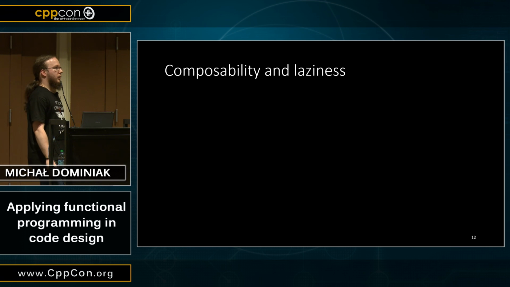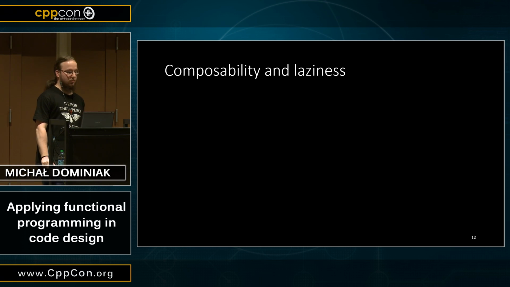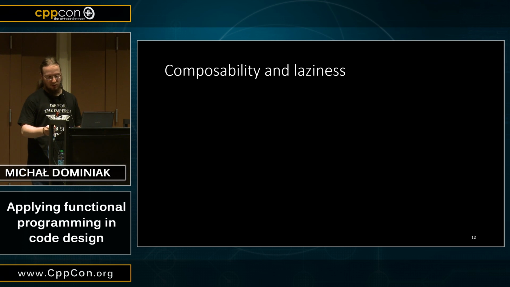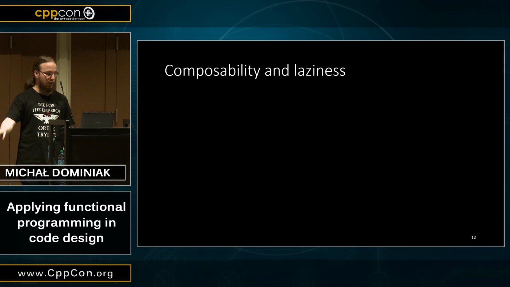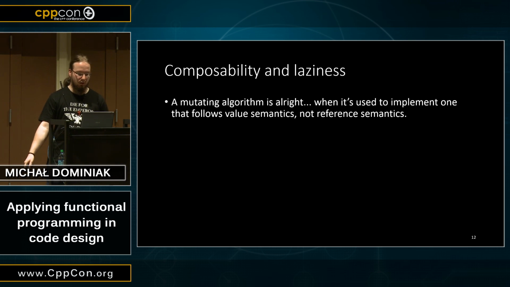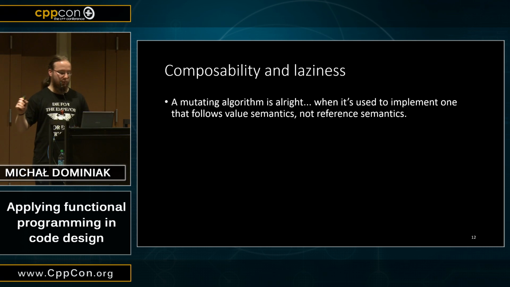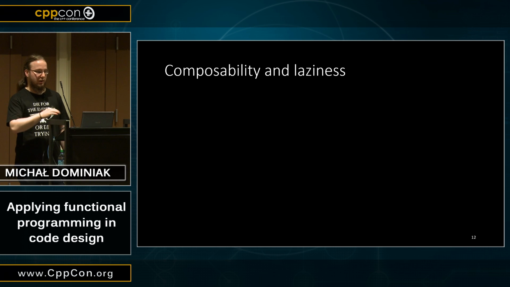So when your algorithms or your functions are composable, you have a way to impose laziness onto your code. When you have an algorithm, for example, sort, you do not have to return a container.